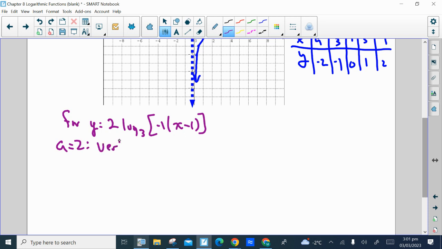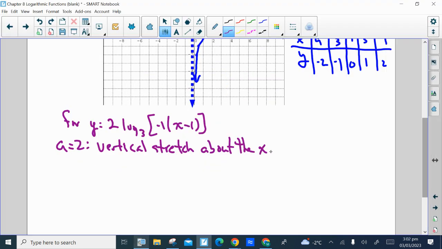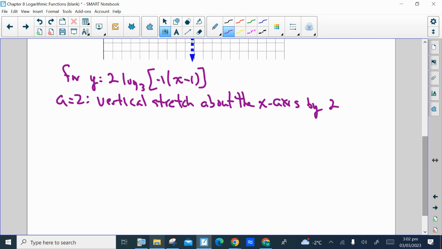So that's going to cause a vertical stretch about the x-axis by a scale factor of 2, because that's what our a value is.